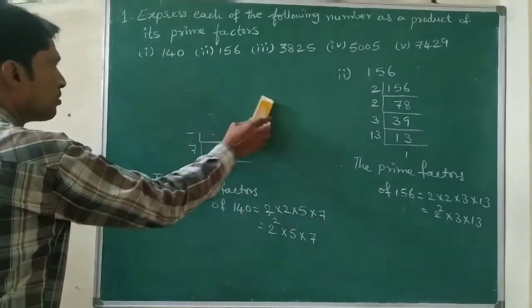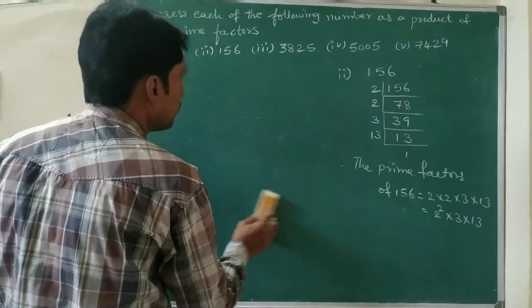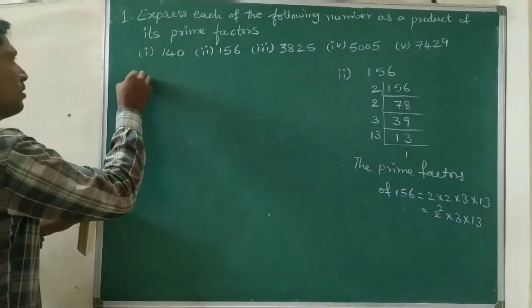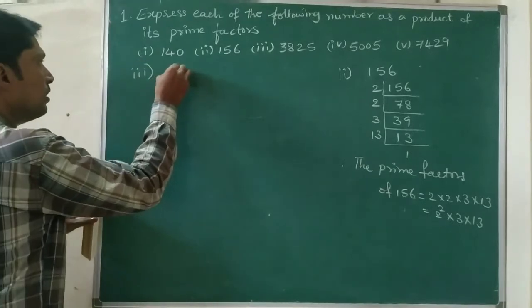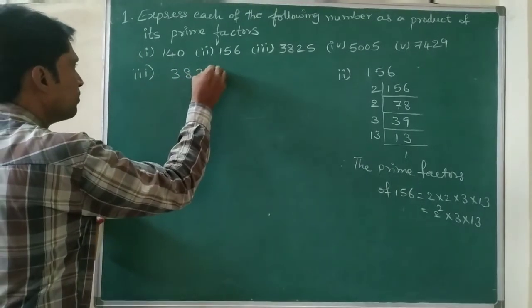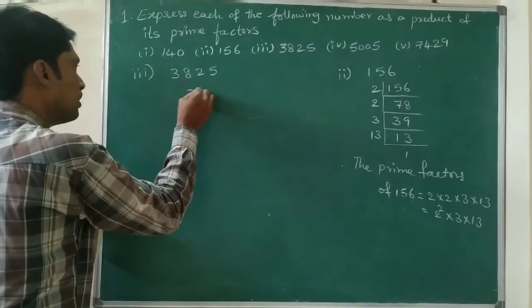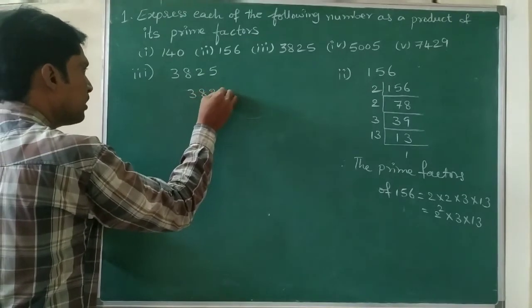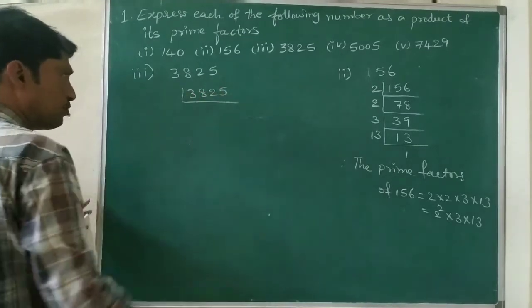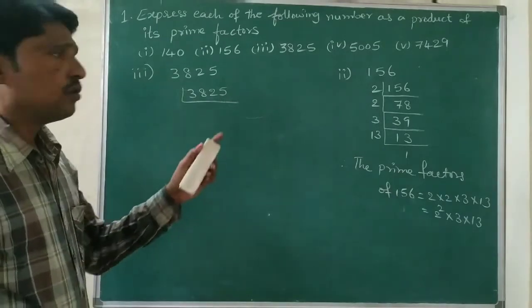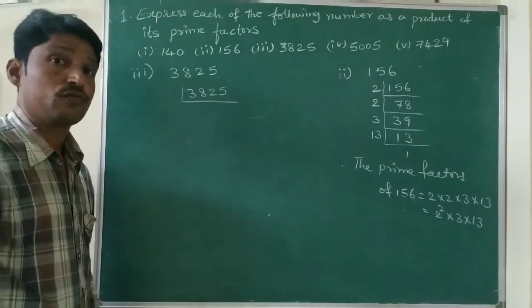Next, what is the third one? It is 3825. Now 3825, is it divisible by 2? No. Why? Because the unit digit is 5.